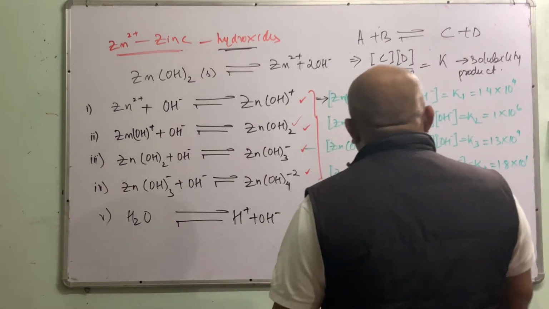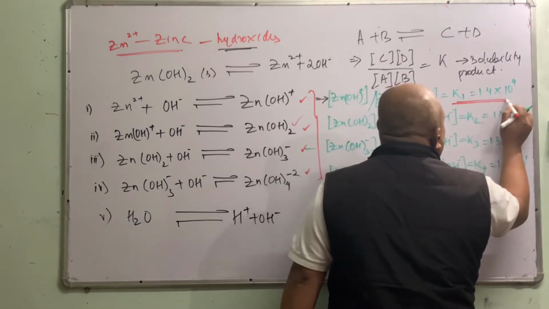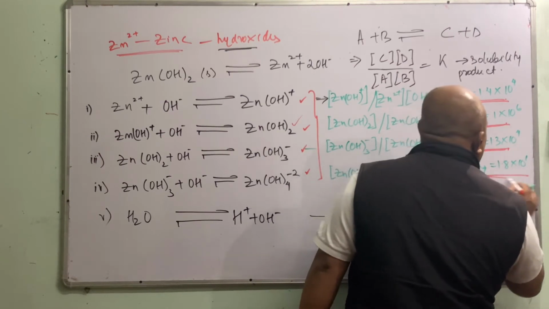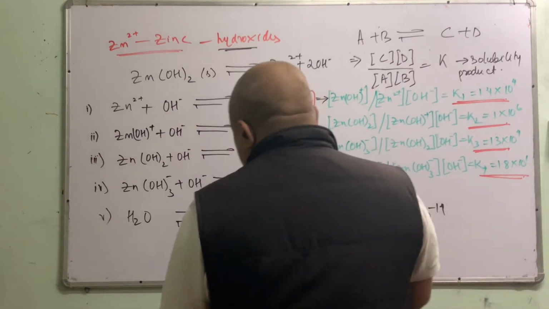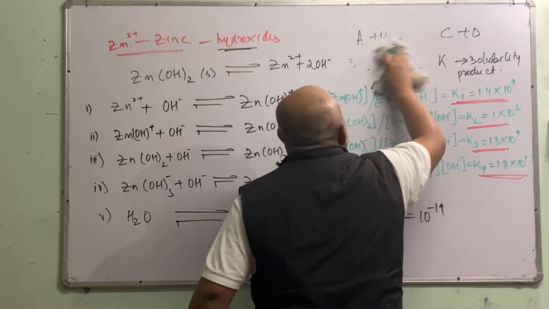Okay. Remember, these values are not made by us, it is a solubility product, it's a constant. Okay. So I think I can rub the upper part. This part is okay.